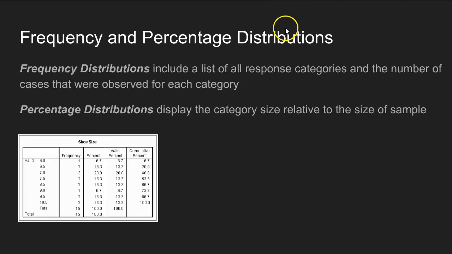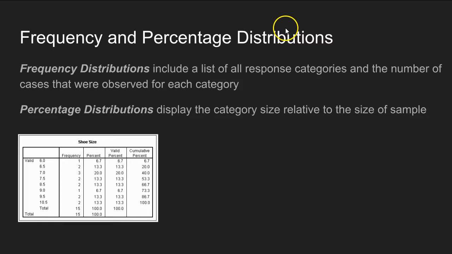So thinking about some of those basic descriptive statistics, two very simple ways for looking at your data descriptively include frequency and percentage distributions. A frequency distribution lists all of the response categories and identifies the number of cases that were observed for each category.